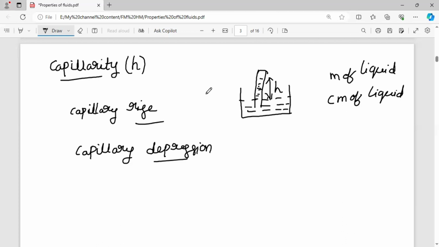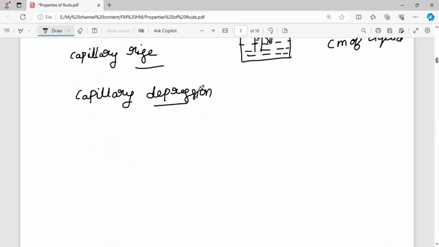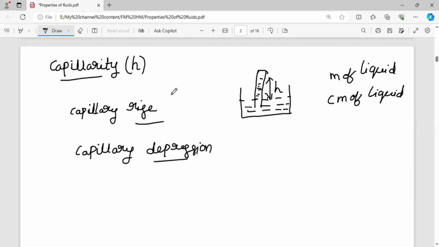So this is about capillarity, and capillarity depends upon three parameters. One is the specific weight of the liquid.